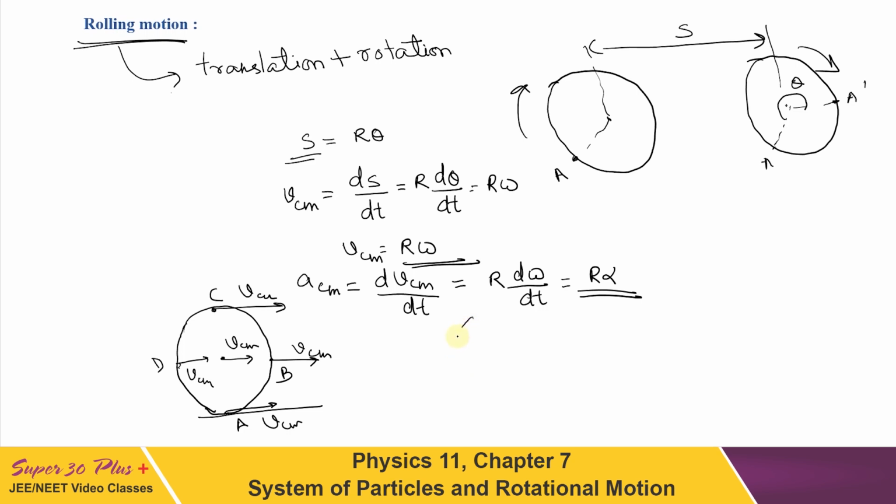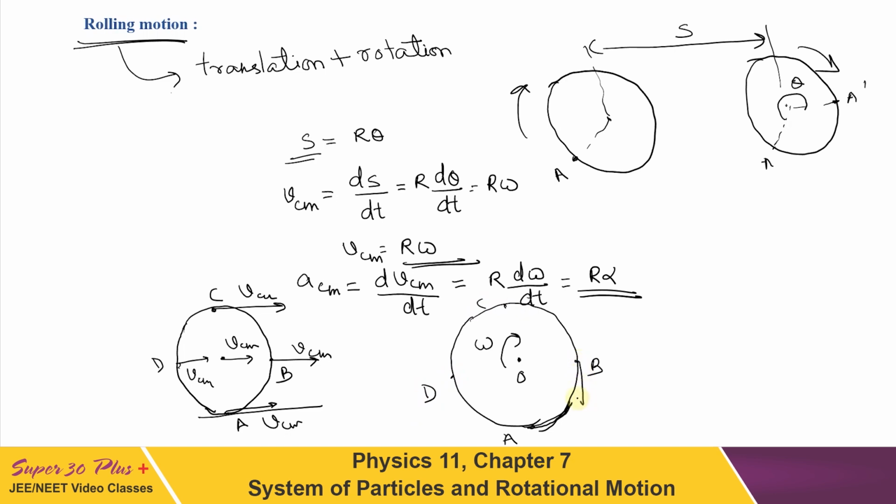Now if we consider rotation, then of course all the points will be rotating with respect to the center of mass. So if this is the center of mass, now we are studying motion with respect to the center of mass, so it has to be at rest. The body is rotating in clockwise direction. Then again for these points A, B, C and D, what will their velocities be?